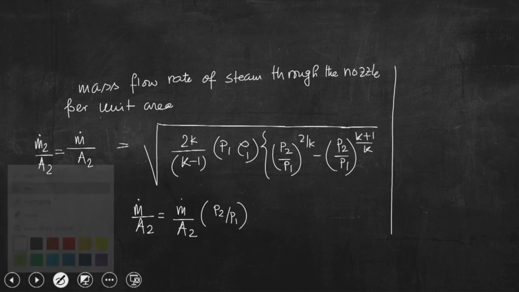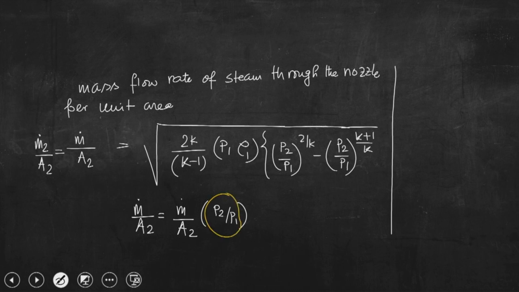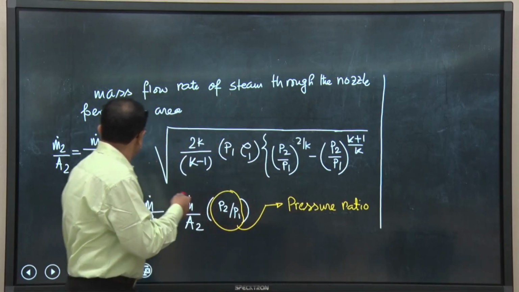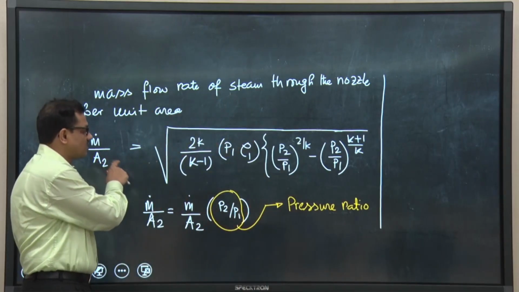So, this quantity P 2 by P 1 is the pressure ratio, that is the ratio of exit pressure to the inlet pressure when there is a flow of steam through the nozzle. We also could establish the expression of the critical value of this pressure ratio, which will give the maximum mass flow rate per unit area through the nozzle.